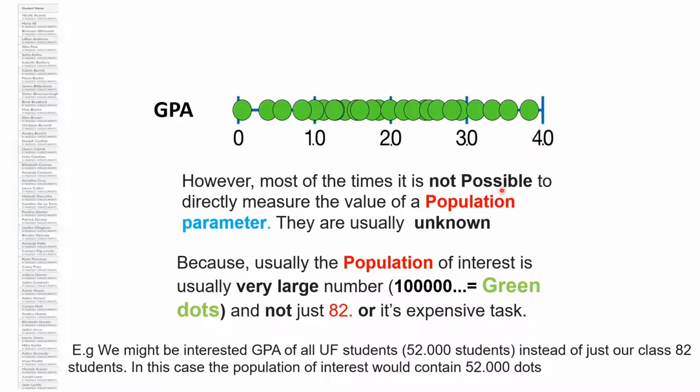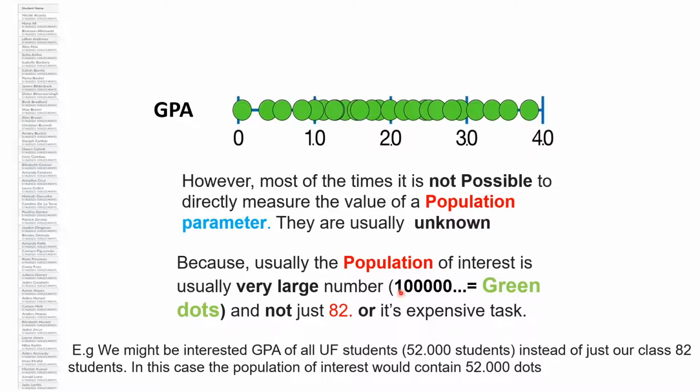However, most of the time it's not possible to directly measure and calculate the value of a population parameter. So they are usually unknown. Why? You have to ask yourself why. The reason is because usually the population of interest is a very large number. For example, if we change the population of interest to the entire University of Florida students, then the population of interest will contain like 52,000 different dots, which is a very expensive task to ask each individual their GPA, right?